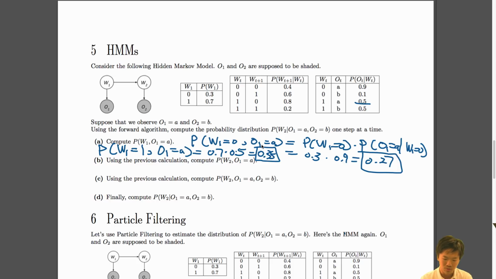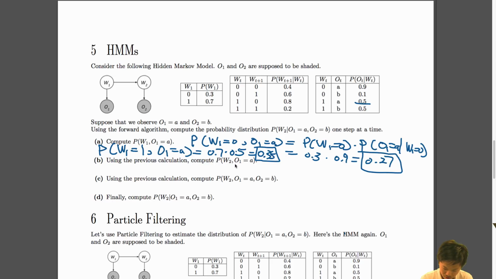Now, with these two values in mind, let's take a look at how we can solve part B. So part B is asking, using the previous calculation, compute the probability of W2 and O1 equals A. So here again, W2 can take on both values 0 and 1.